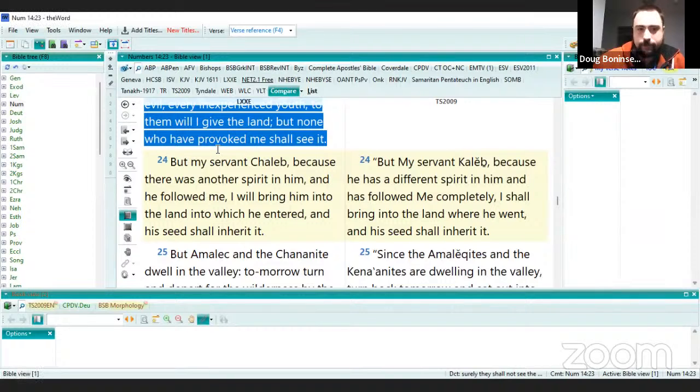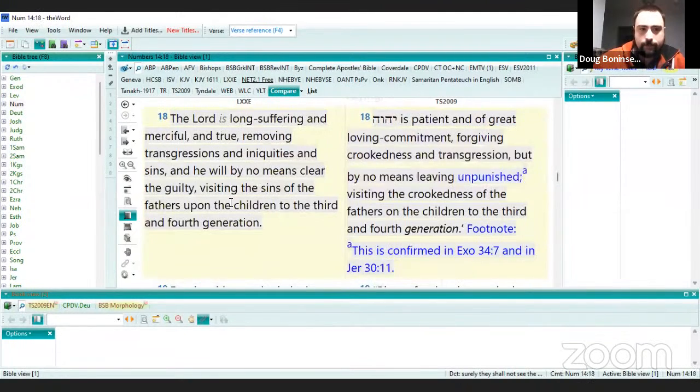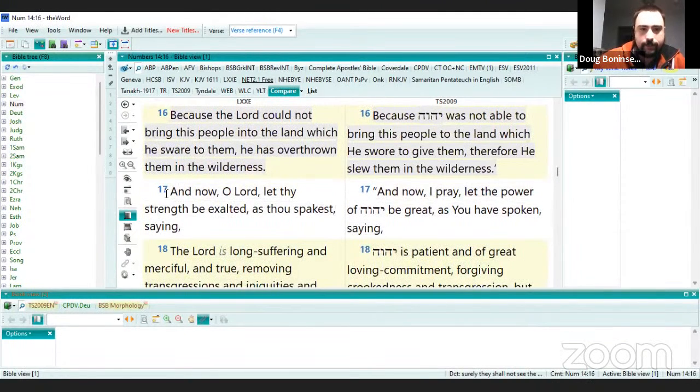So we're going back to chapter 14. Now, if we look at verse 17 here, the Greek word kurios, by the way, for those that don't know, when it has all caps LORD, that's Yahuwah. So it would say, "And now, O Yahuwah, let your strength be exalted as you spoke, saying." Now, interesting, Yahuwah is there.